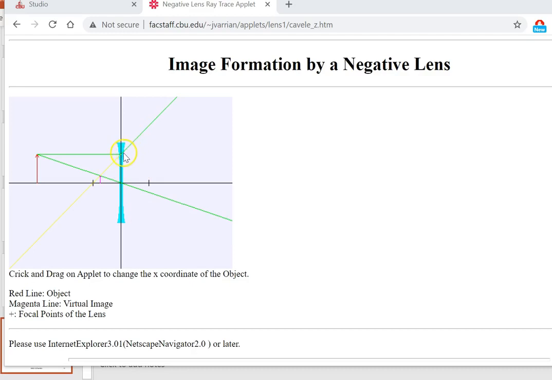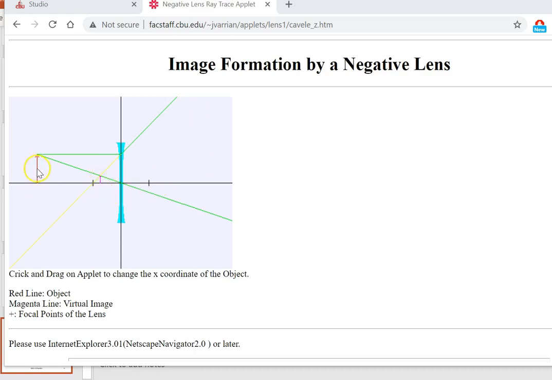This ray traced backwards gives you the yellow. This ray traced backwards is right on top of itself, and they appear to come from a common point, which is right there. So you get this tiny little image arrow. And if your eye is on the right side of the lens and catches some of the diverging rays, you're going to see that image right there.